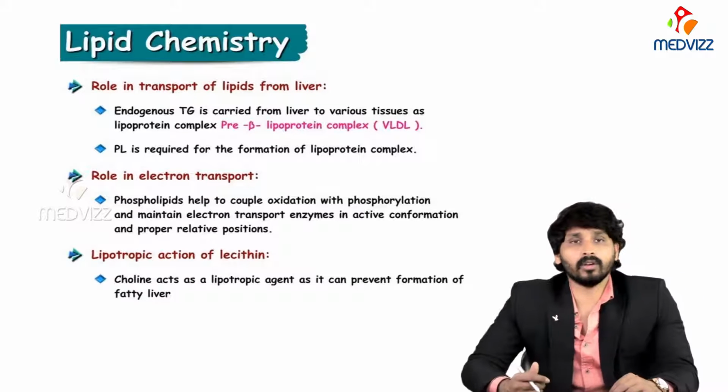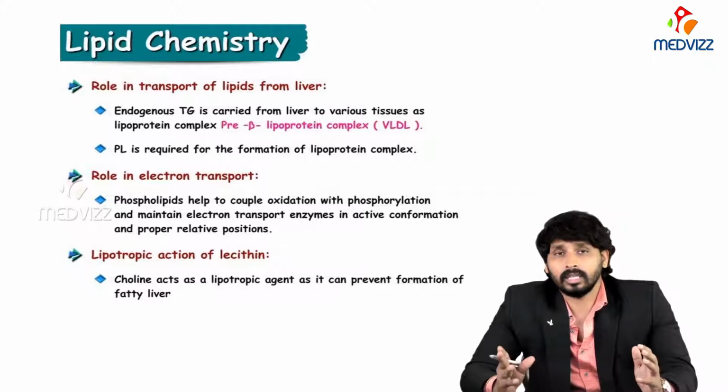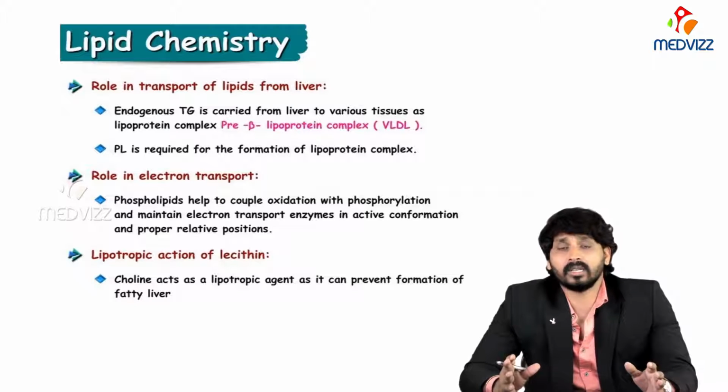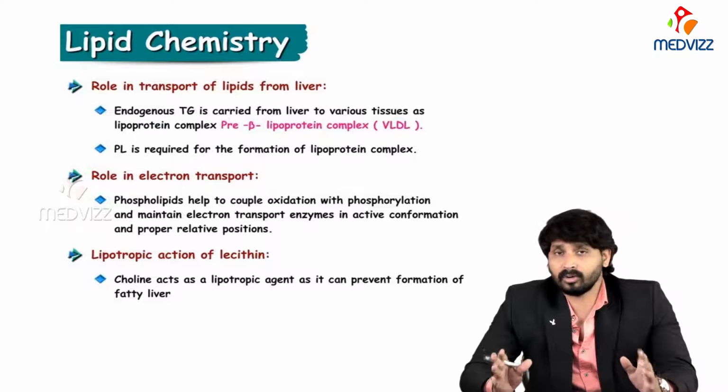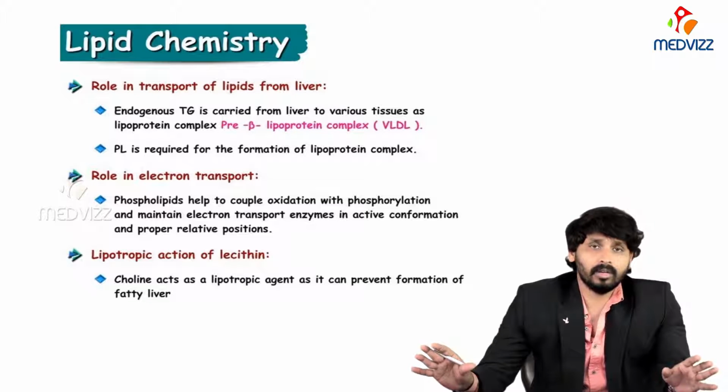Again, role in transport of lipids from the liver. Whatever food you are taking, the majority of the lipids are transported from the intestine to the liver by portal circulation. From the liver, they have to be distributed to various parts of the body.